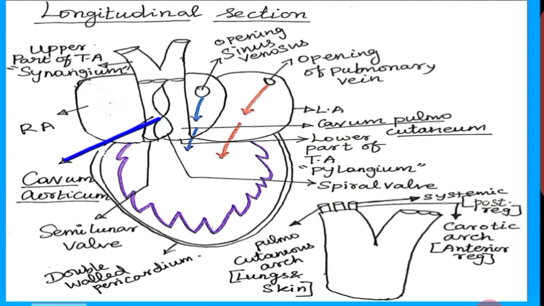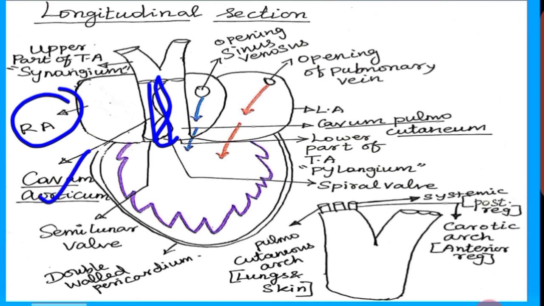Division number 1 is located near the right atrium, named as cavum aorticum.